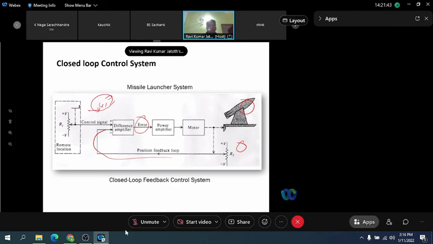Closed loop control system. One more example is the air conditioning system, AC. In summer, generally you keep your room temperature at a particular value, like 20 or 24 degrees centigrade.